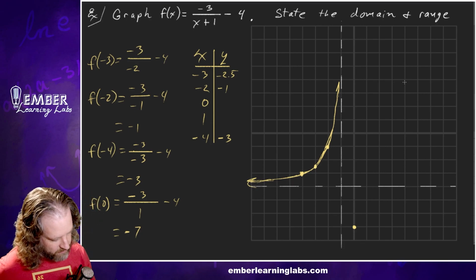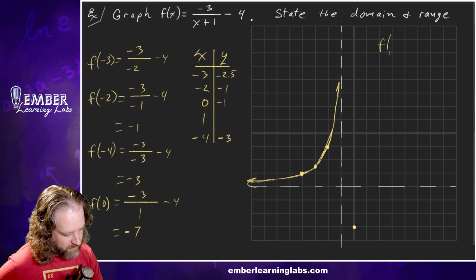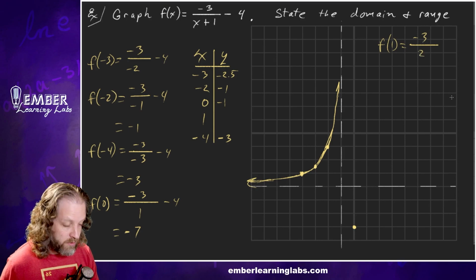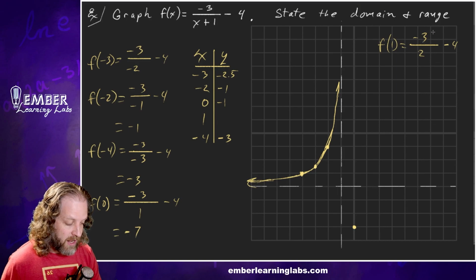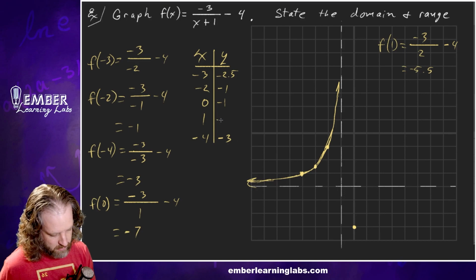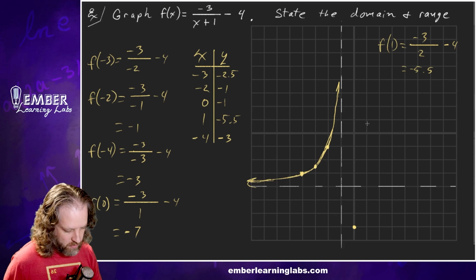And let's go ahead and do one more. I got some blank space up here. Let's go ahead and do that one. F of 1 would be -3 over 1 plus 1 is 2, -1.5 minus 4. -1.5 minus 4 is -5.5. 1 and -1, 2, 3, 4, 5.5.